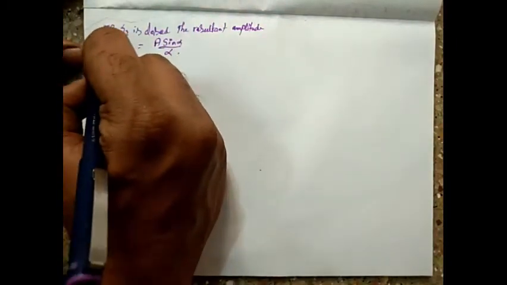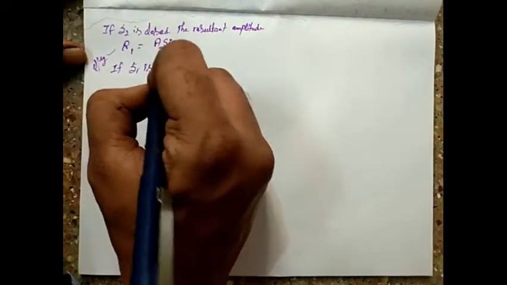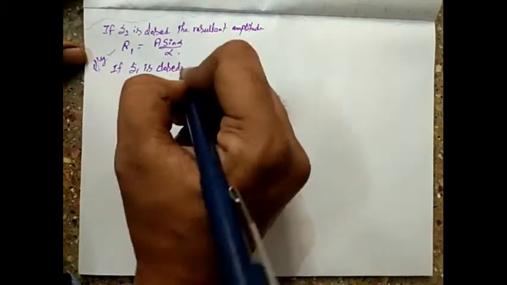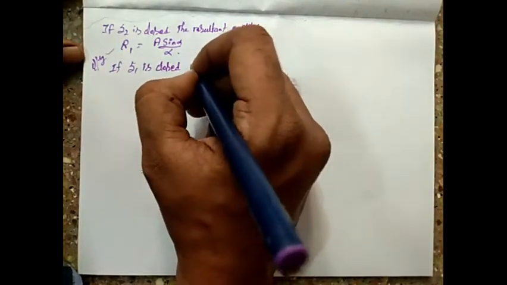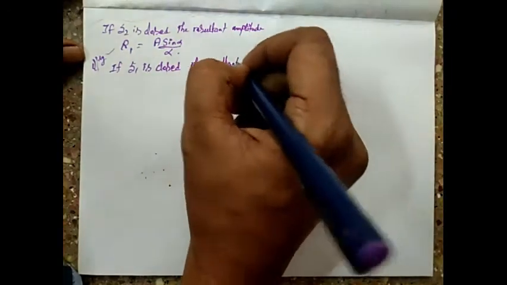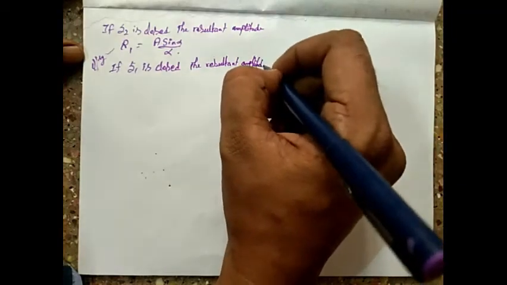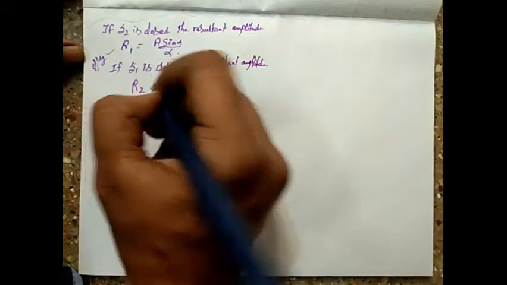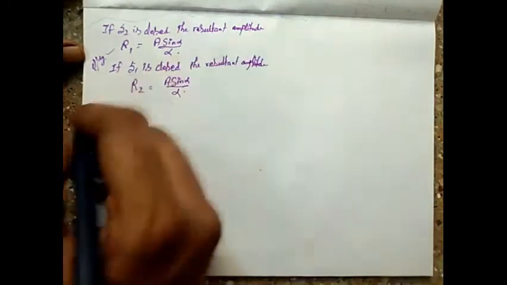Similarly, if S1 is closed, the situation again becomes a single slit, and the resultant amplitude is R2 equal to A sin alpha by alpha.